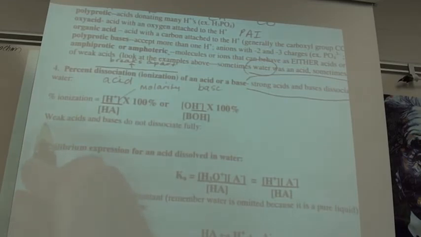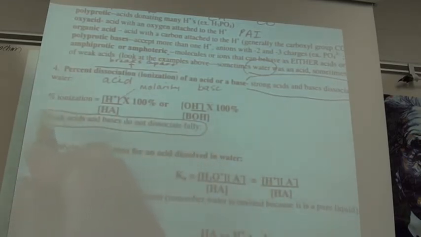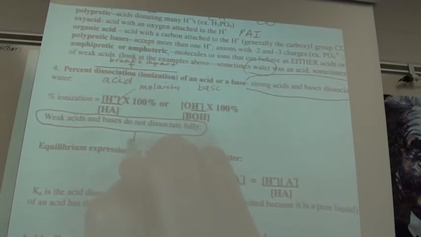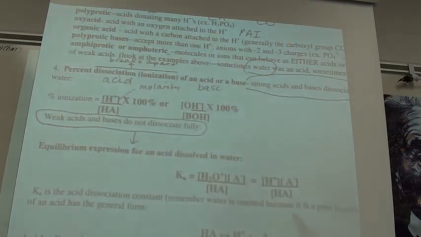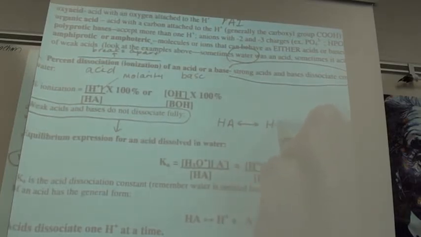Weak acids and weak bases do not dissociate fully. So, therefore, an equilibrium expression comes about. If you have an acid and it is not strong, it's in equilibrium with its proton and the anion.